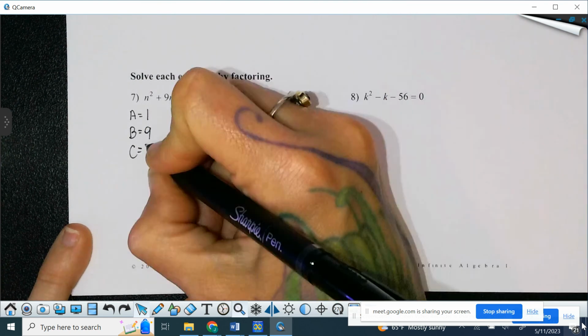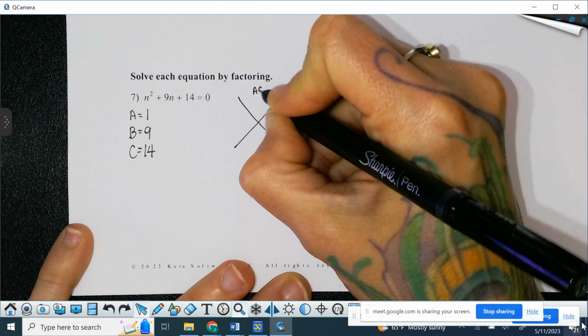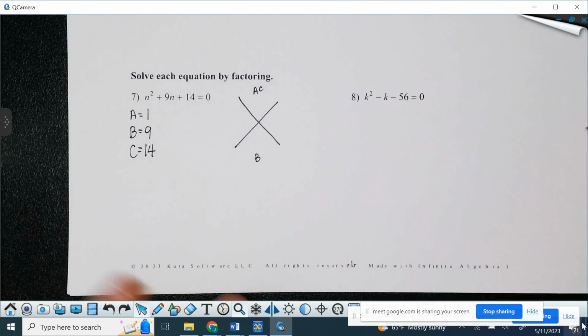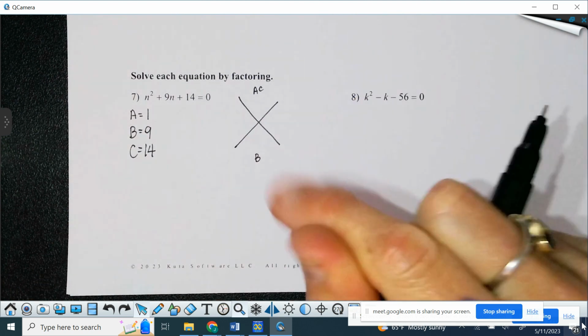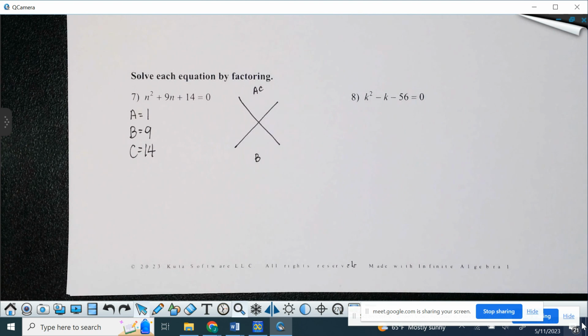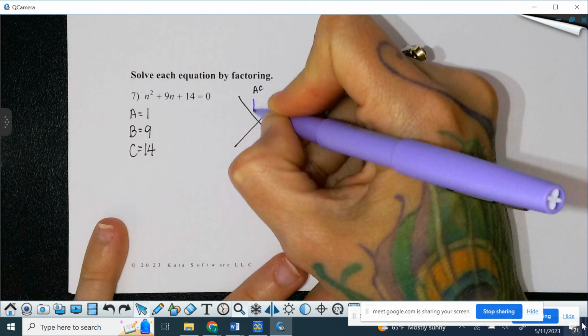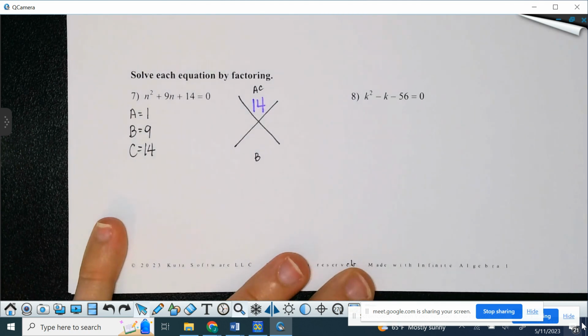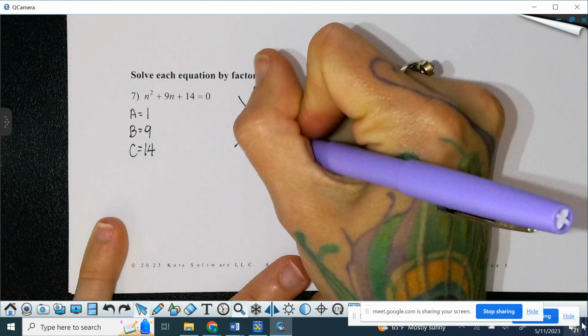Excellent. So A times C goes on the top, B goes in the bottom. Bottom starts with a B. So what is A times C equal to? 14. Good. Because 1 times 14 is 14. What is our B value again? 9, and it is a positive 9 because I'll ask you that in a minute.